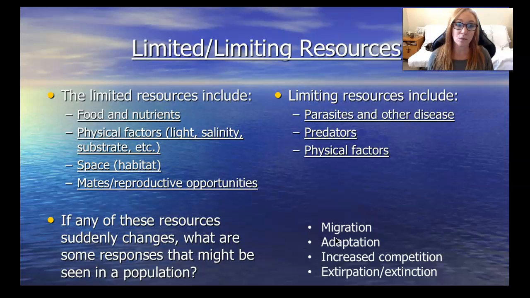It can be small or large, and if some individual has a different adaptation, it will give them a better chance at survival and reproduction, and over time that starts to influence the rest of the population. Then the whole population can better exploit these limited resources or resist limiting resources.